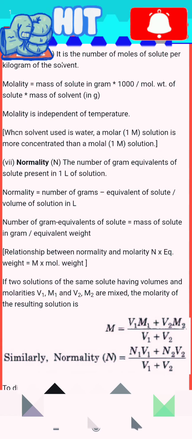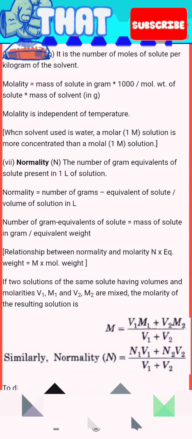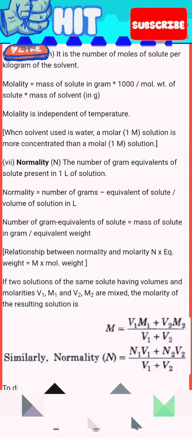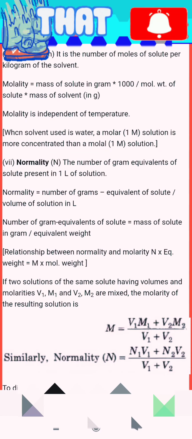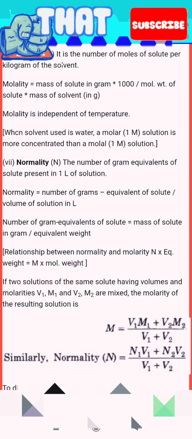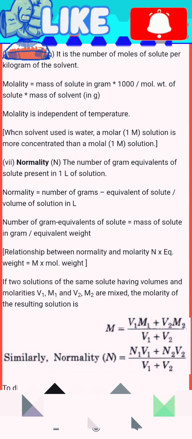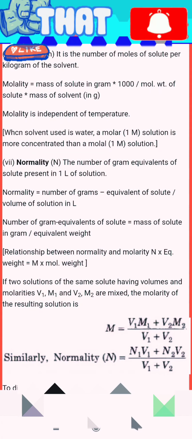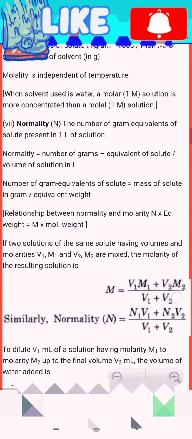If two solutions of the same solute having volumes and molarities V1 M1 and V2 M2 are mixed, the molarity of the resultant solution is M equals V1 M1 plus V2 M2 upon V1 plus V2. Similarly, normality equals N1 V1 plus N2 V2 upon V1 plus V2.